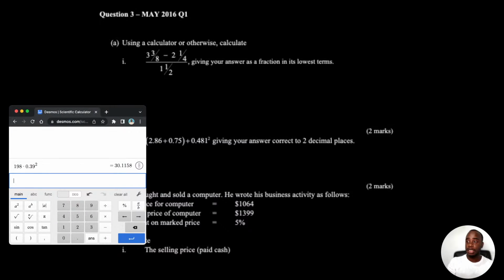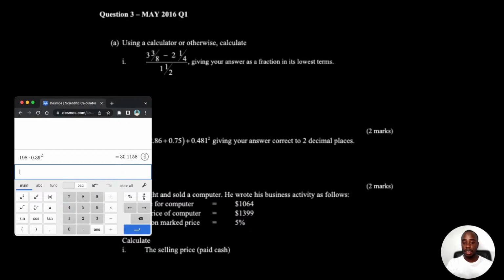So let me take my calculator here now. So what's that? That is 3 3/8. All of it is going to be a fraction, so I'm going to put my whole fraction here.